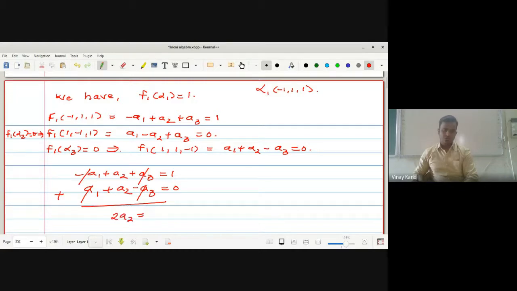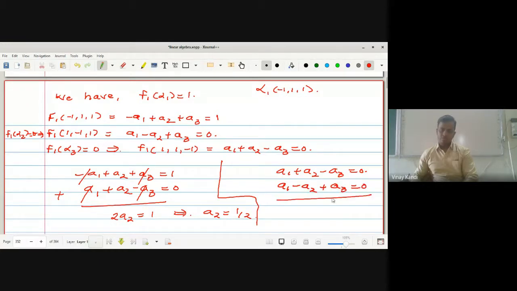So 2a2 is equal to 1, so this implies a2 is equal to 1 by 2. Now a1 plus a2 minus a3 is equal to 0, the third one, and a1 minus a2 plus a3 is equal to 0. Again add these two equations. The a2 and a3 terms get cancelled, and 2a1 is equal to 0. So this implies a1 is equal to 0.